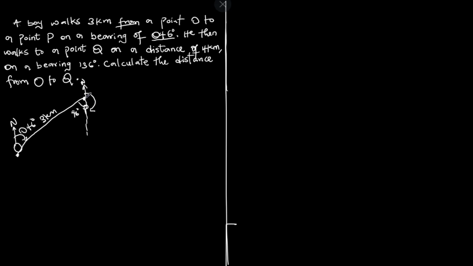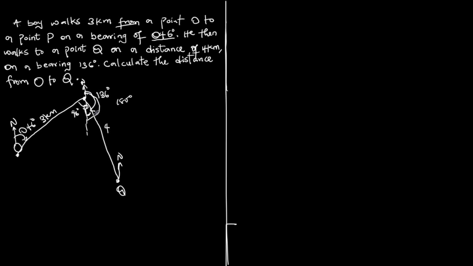So we move 4 kilometers from P to point Q. Now this is 136 degrees. You see, we can find this point, right? Because from this point to this point is 180 degrees.